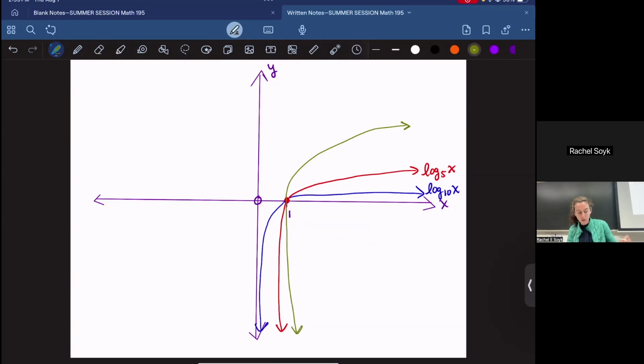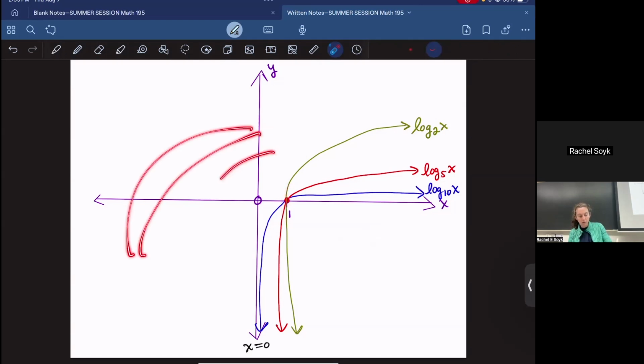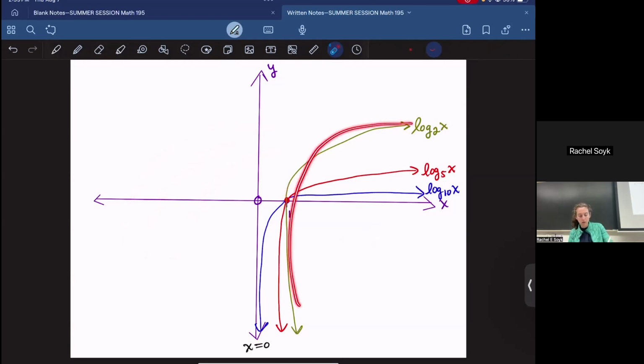Notice how all of them are still approaching that asymptote at x equals 0. Notice how at this point, 1 comma 0, it sort of crosses over. It's like they're crossing over into 1. Okay.